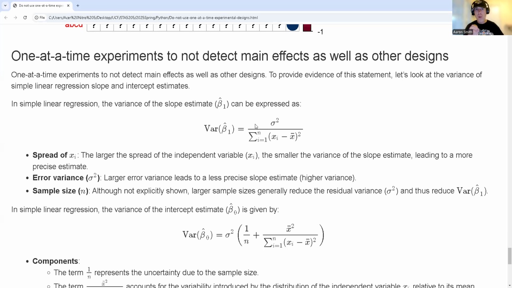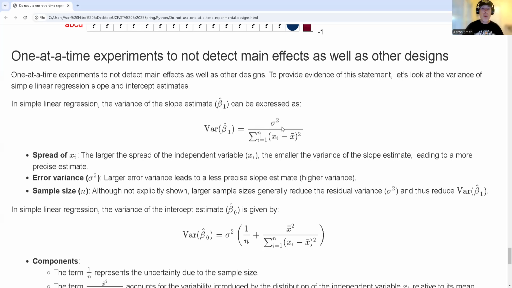But the punchline there is if I increase the variance of x, I decrease the variance of the slope estimate.